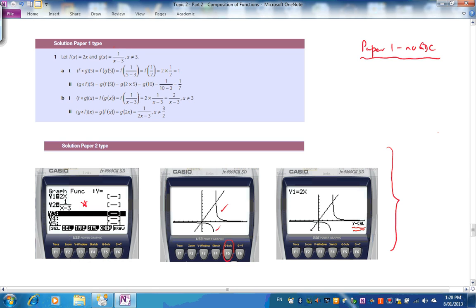So up here, if you wanted to find g of 5, then you could draw the graph of g, which is 1 on x take 3, and go to gsolve and do a y-calc for an x of 5. It probably isn't worth it for this level of problem here, because they're not too bad, these questions.